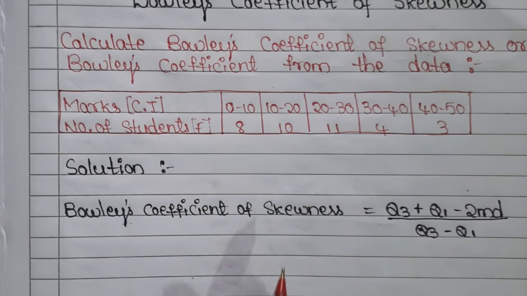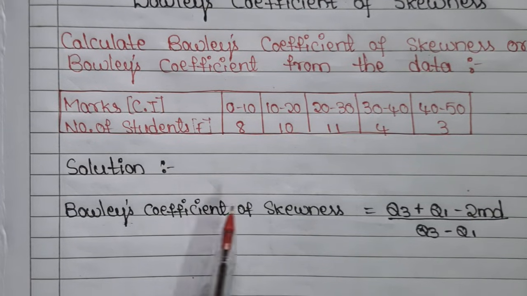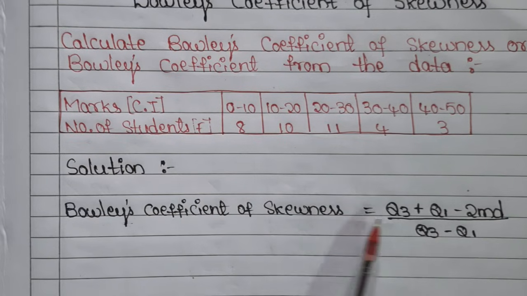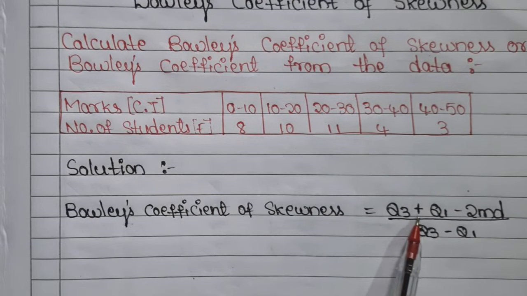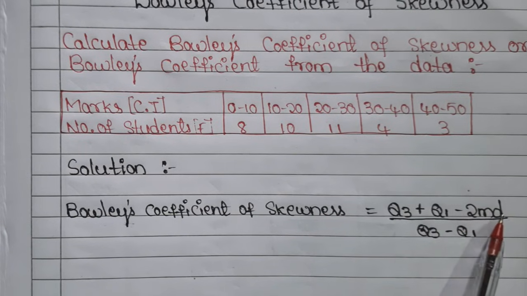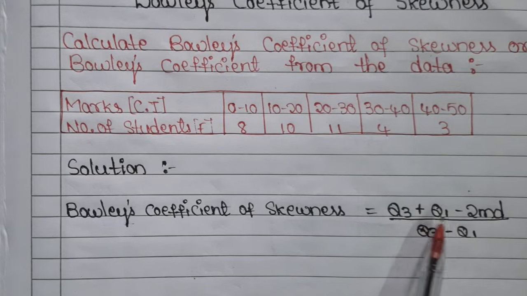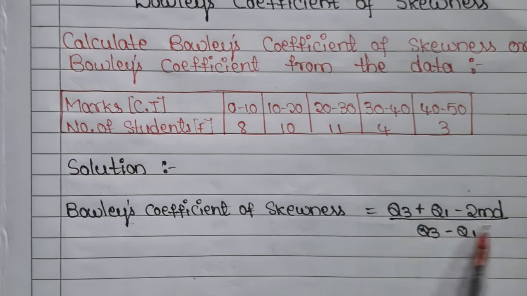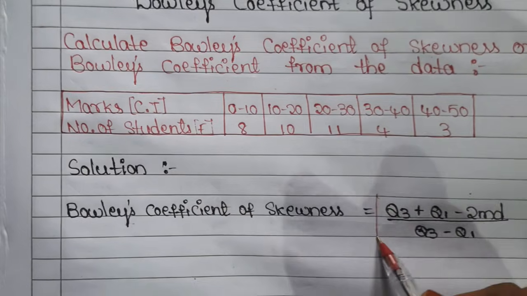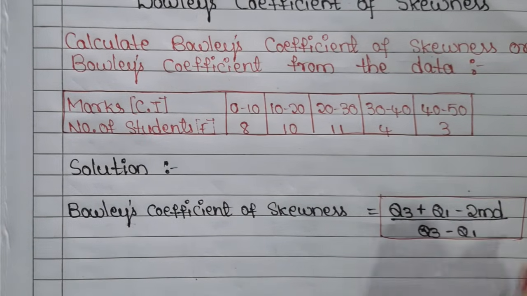Before going into the solution, let us know the formula of Bowley's coefficient of skewness. The formula is Q3 plus Q1 minus 2 MD, where MD is nothing but the median, divided by Q3 minus Q1. That is, Q3 plus Q1 minus 2 median, by Q3 minus Q1. If you know this formula and the calculation part, you can easily do the solution.